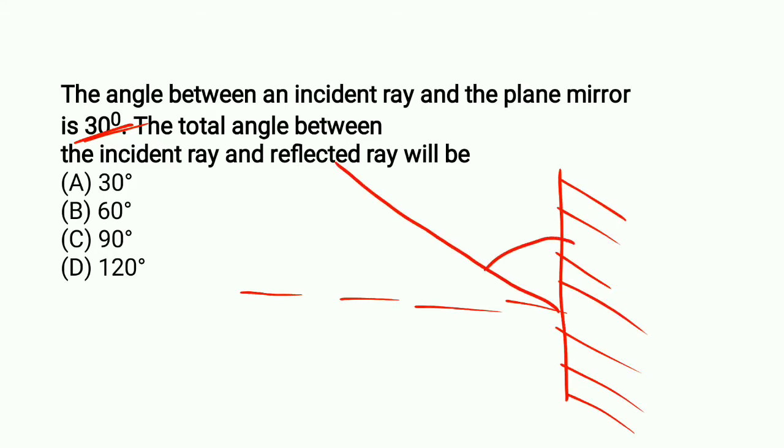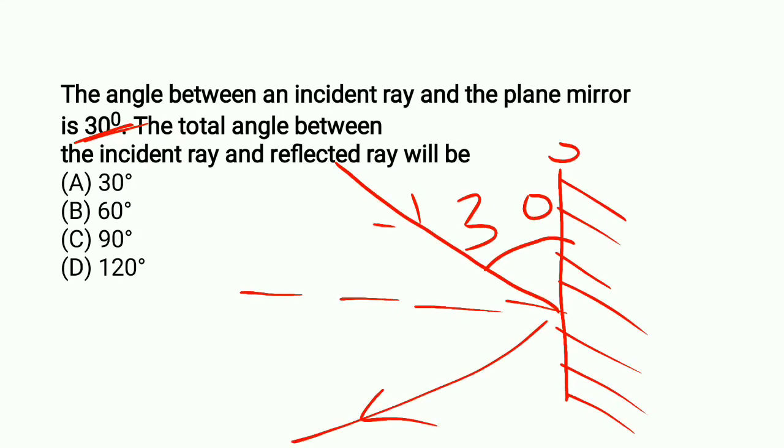So this angle between the incident ray and the plane mirror is 30 degrees, right? This is the incident ray. Whenever light is incident on the plane mirror, it gets reflected back according to the reflection of light. Here the total angle is 90 degrees.